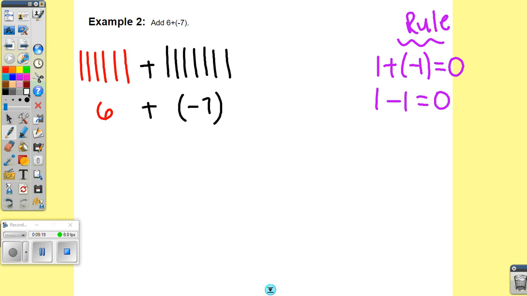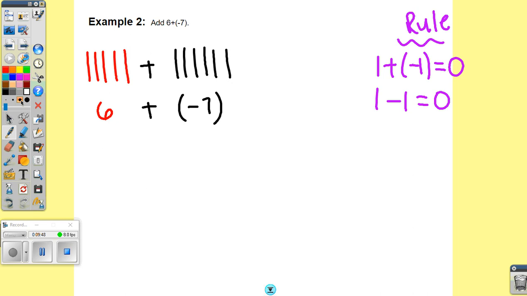So what I'd like you to do is one at a time get rid of 1 red popsicle stick and at the same time get rid of 1 black popsicle stick. So we'll do that first. So we'll get rid of 1 red here and 1 black popsicle stick here. So I have fewer red and fewer black popsicle sticks now. But here's the thing. I still have both colors.